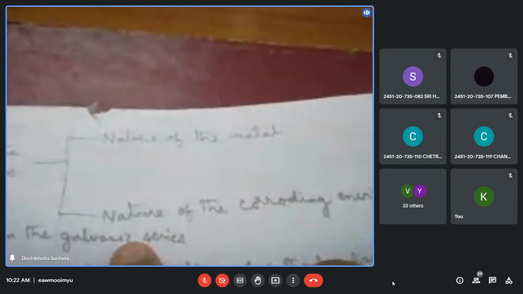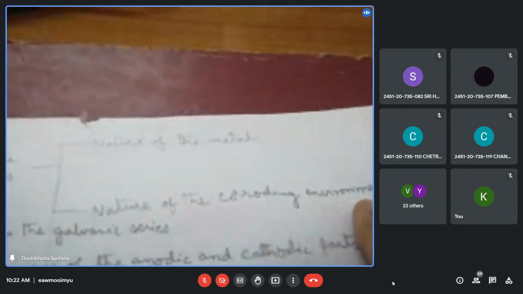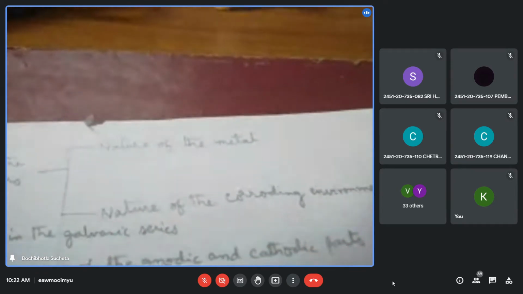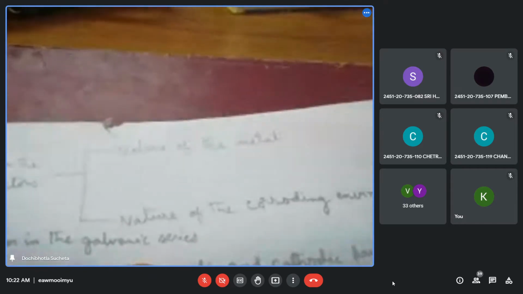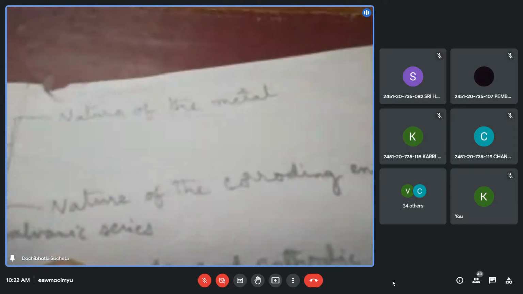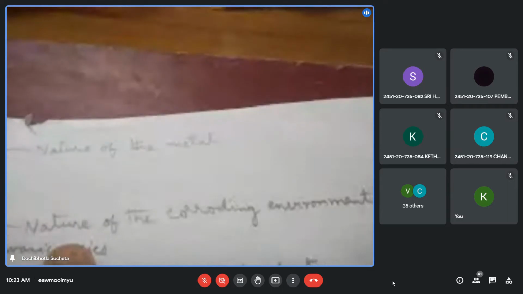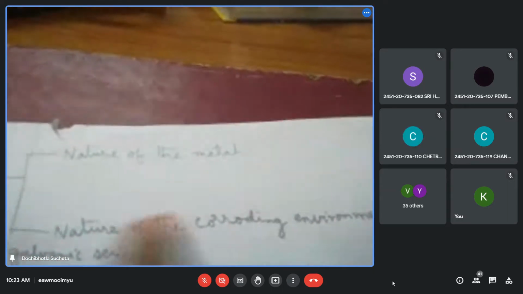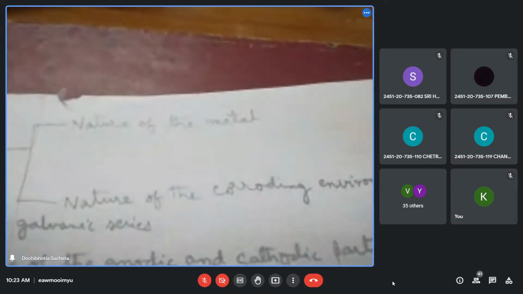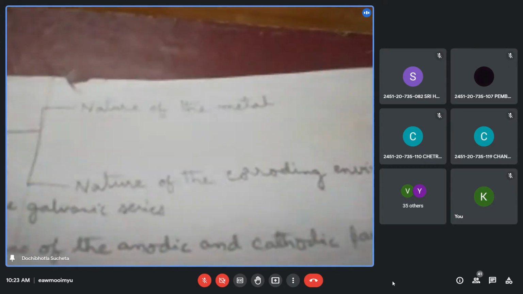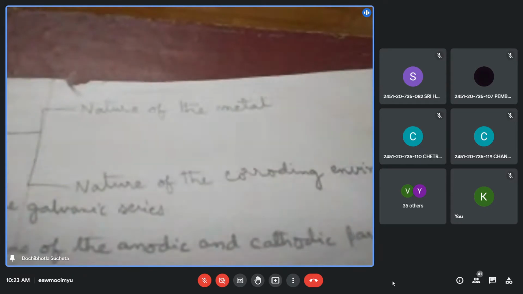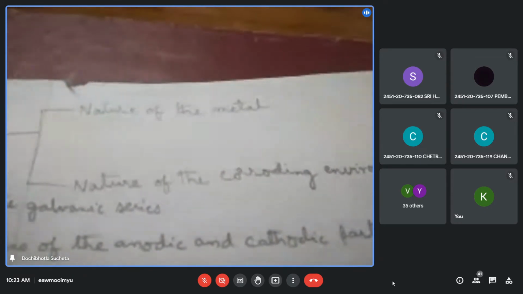Nature of the metal and nature of the corroding environment dictate the rate of corrosion. Easy, right? If you can understand this easily, nothing like that.